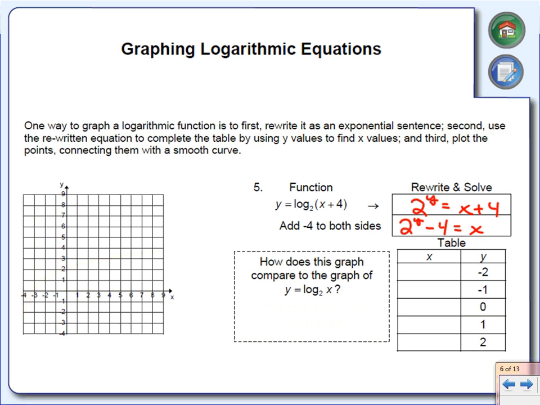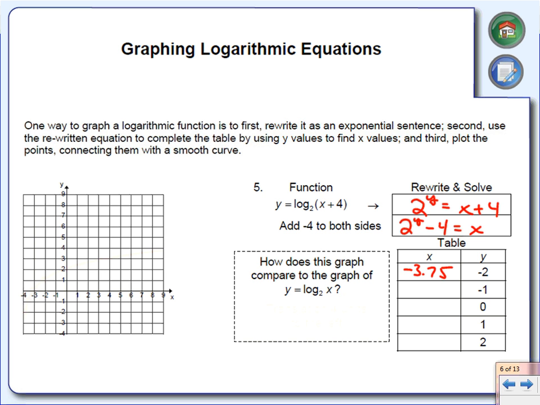So again, with your calculator, we want to know what is 2 to the negative 2 power minus 4. What do you think? What is it? Negative 3.75.